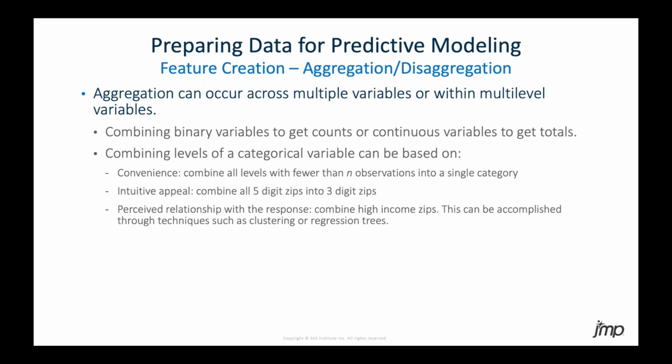Let me put those into one bucket. Maybe I can put them into quantiles, or into deciles, and I can use that rather than using the zip codes. I can use the quantiles as a way of modeling the data.